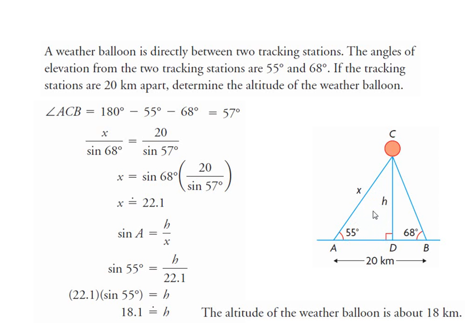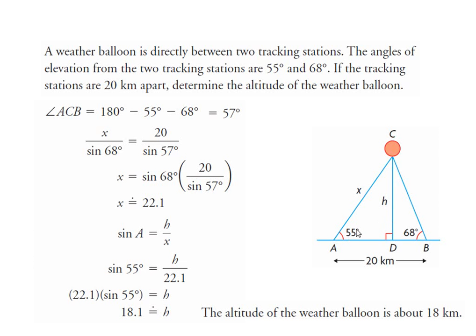So in a right triangle, what comes to our mind first? The trigonometric ratios, right? Because we have already seen an angle here. Okay, so the trigonometric ratios come to our mind. So which ratio do we use?